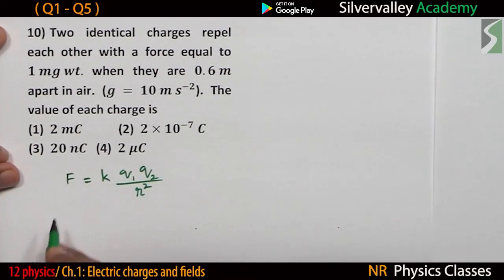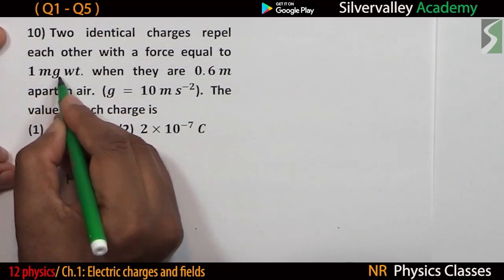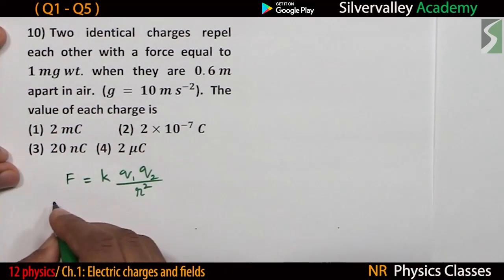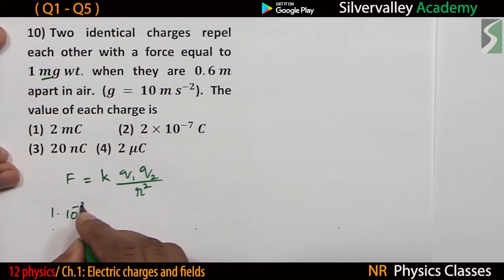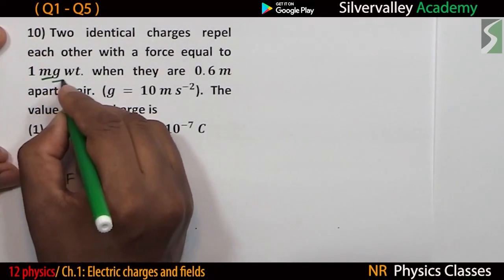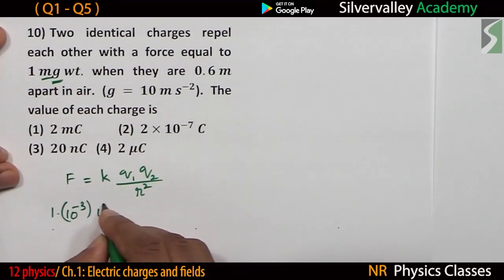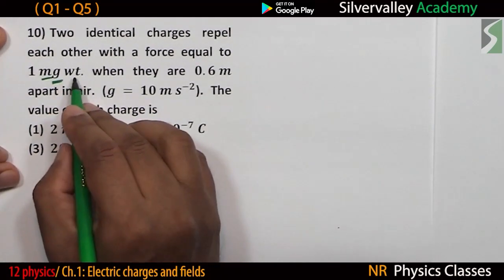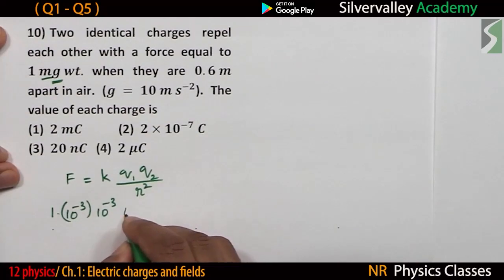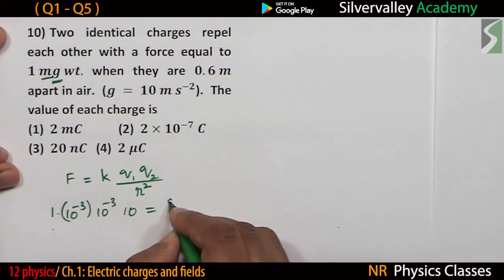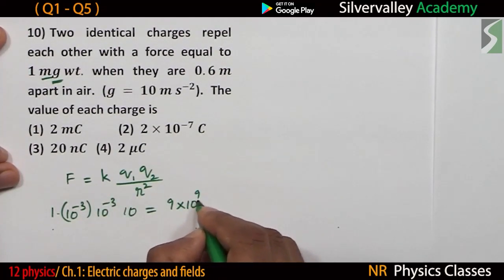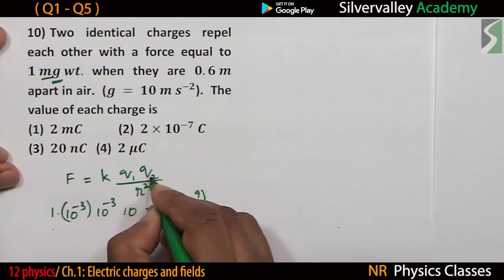Force is 1 milligram weight. 1 is 1, milli is 10 power minus 3. Gram to kg, another 10 power minus 3. Kg weight to Newton, into 10, the acceleration due to gravity. Constant is 9 into 10 power 9.